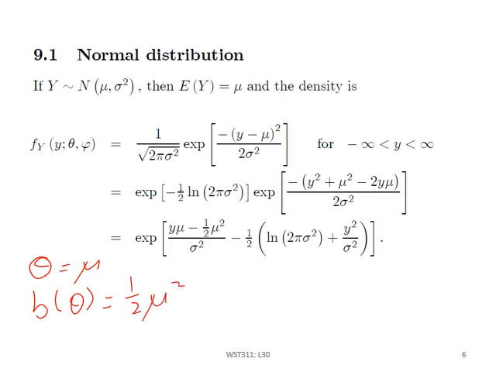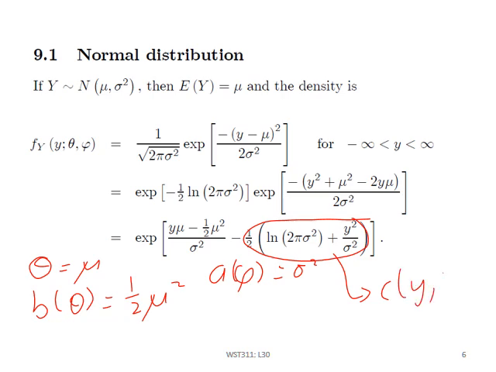We also see that a of psi equals sigma square, which is the scale parameter. The function a is the identity function. This term over here is then c of y and psi. Therefore, because we identified the different components, we can conclude that the normal distribution is a member of the exponential family.